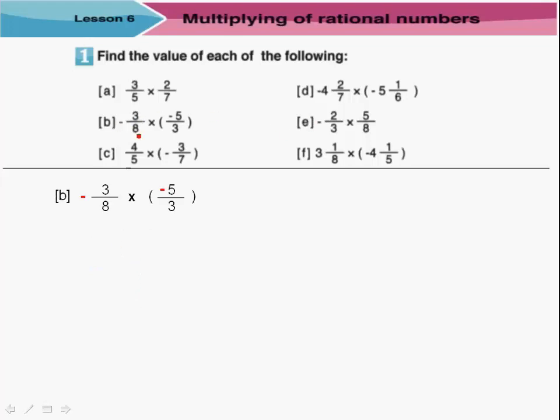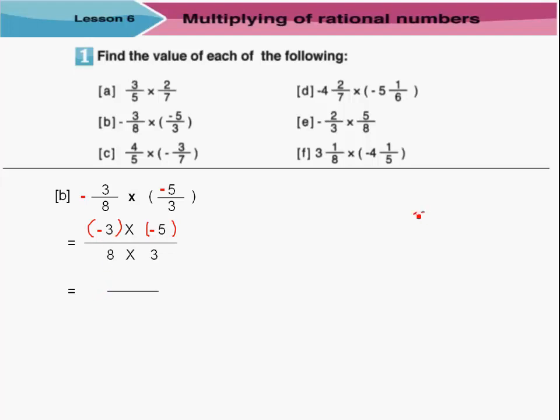For B, we have here minus 3 over 8 times minus 5 over 3. So it will be equal to minus 3 times minus 5 over 8 times 3.